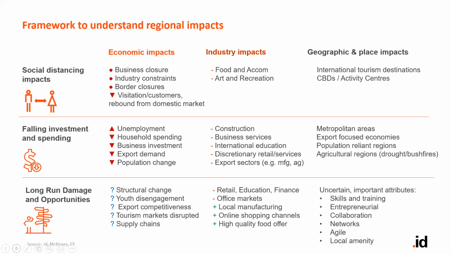So even though you may have a small main street, those areas were affected because people weren't allowed to go into those areas to buy their coffees, their breakfast, whatever it might be, access the local dentist, the doctor, whatever that might be. Then we've got our falling investment and spending, and this is where we really hit our population-reliant regions, also our ag regions, metropolitan areas, as people start to reduce their spending in those areas.